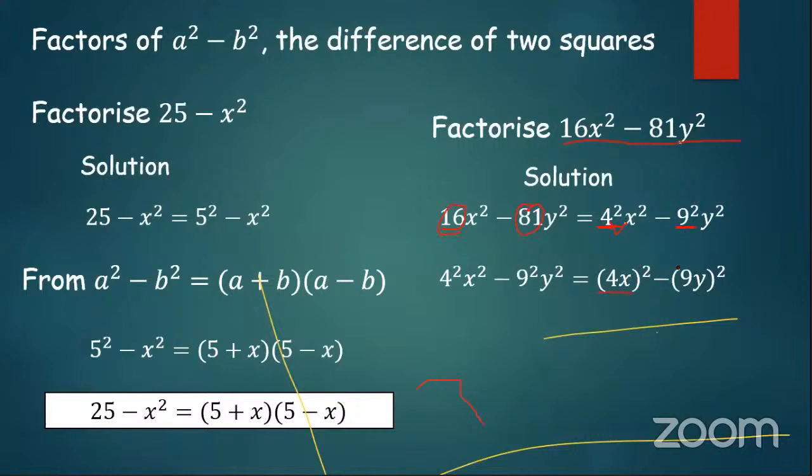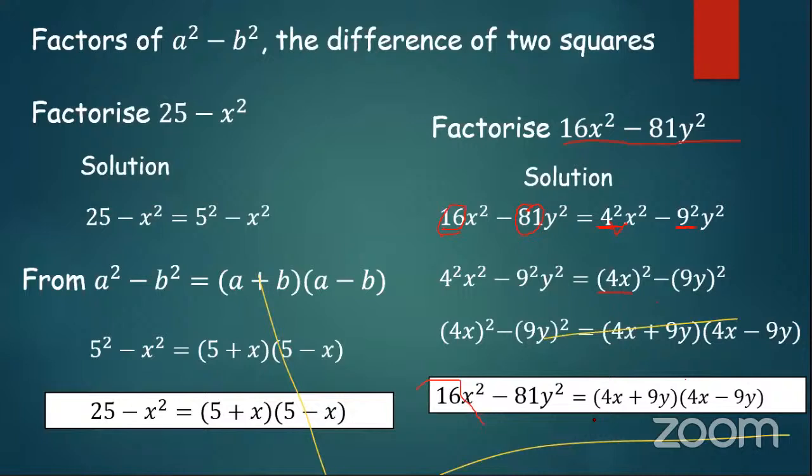Then minus, still open bracket 9y, and then square. Then after here, you apply our method, and that will give you 4x plus 9y into 4x minus 9y. So is that okay for some of us who are asking in the chat for how we do it?